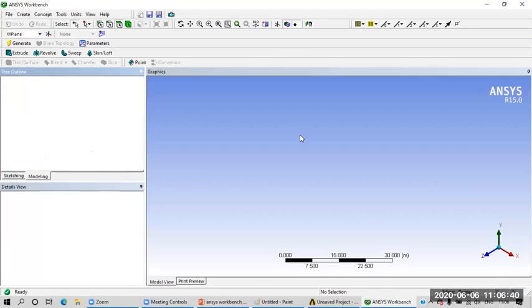Every one of you has studied the mechanical vibrations subject, and I'm sure every one of you has heard about the stiffness matrix. Stiffness matrix, guys. Is there anyone who has not studied the stiffness matrix?